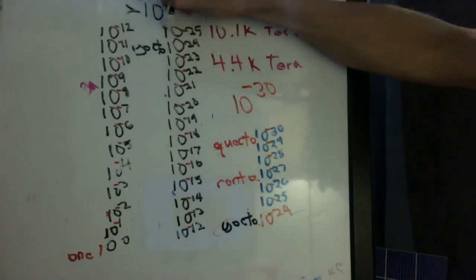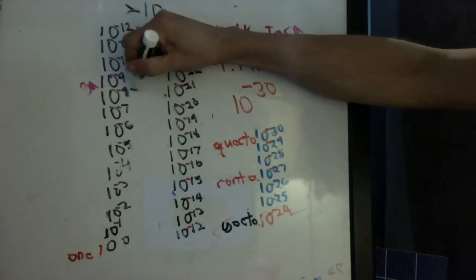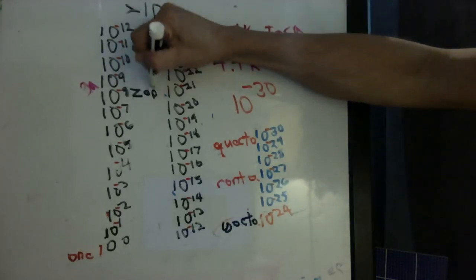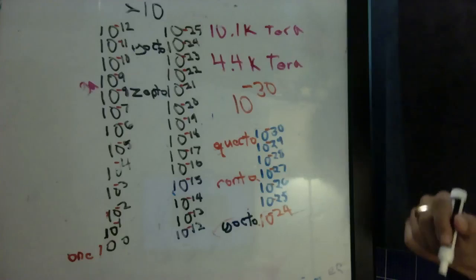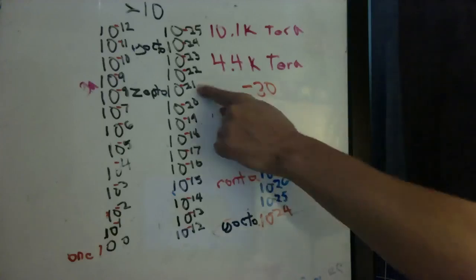And that's a 10. Okay, now I get to the zepto. And a zepto is a sextillionth. It's 21 of them.